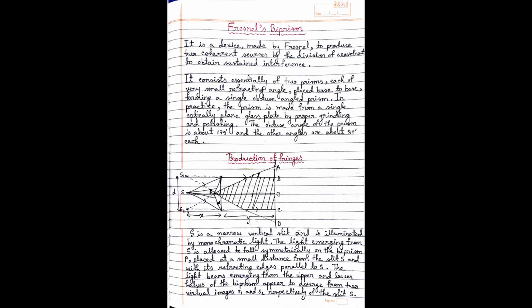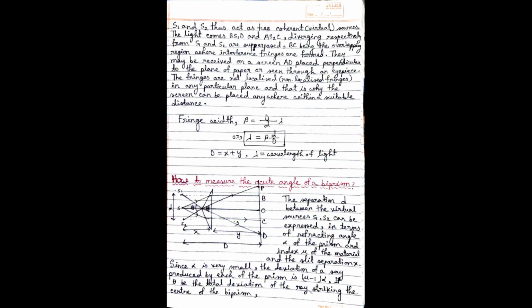The fringes are not localized. Therefore, the screen can be placed anywhere within a suitable distance to observe the fringes. Here, like Young's double slit experiment, the fringe width is beta equal to capital D by small d into lambda.